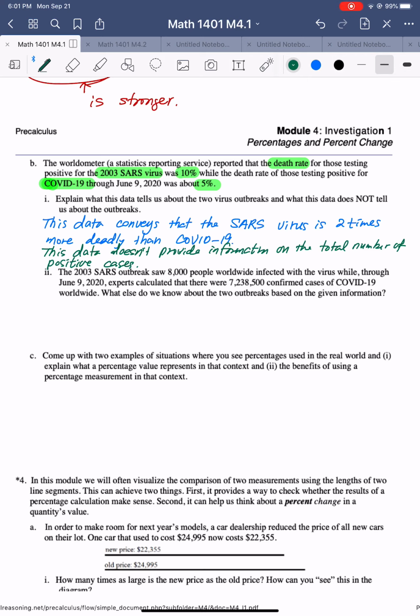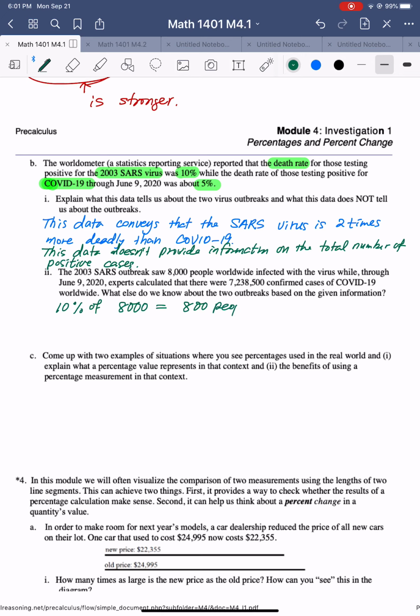as many cases as SARS. So we can also think about it this way. Now you can see how many people died: 10% of 8,000 for the SARS is about 800 people.